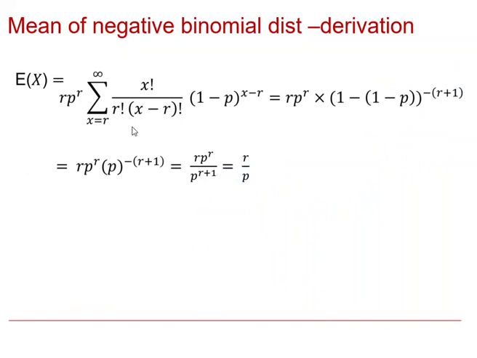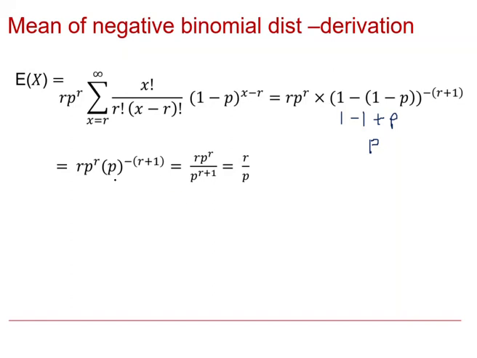And because we know that this summation, x equals r to infinity, is equivalent to this expansion here, of course, if we actually write out what we have, it's 1 minus (1 minus p), so in fact we just have p to the power minus (r plus 1).